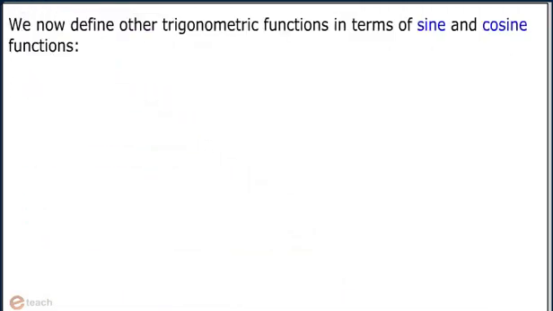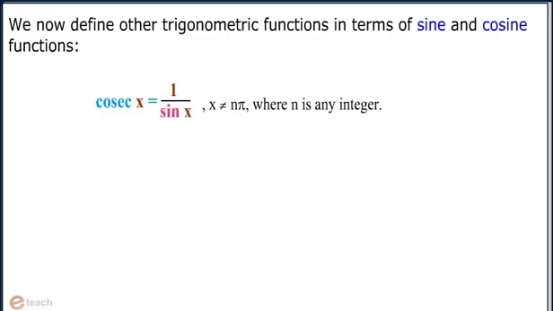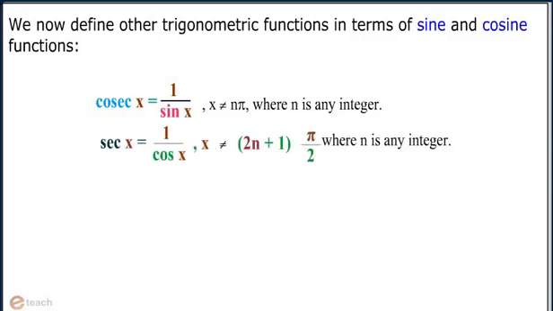We now define other trigonometric functions in terms of sine and cosine functions. Cosec x equals 1 by sin x, where x is not equal to n pi and n is an integer. Sec x equals 1 by cos x, where x is not equal to (2n plus 1) pi by 2, where n is an integer.